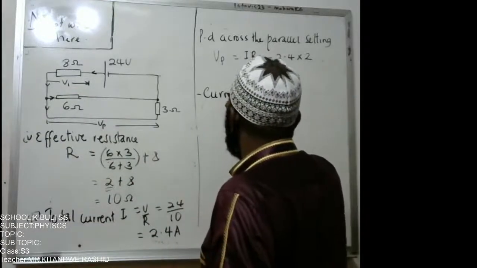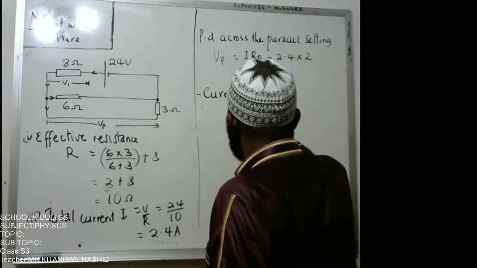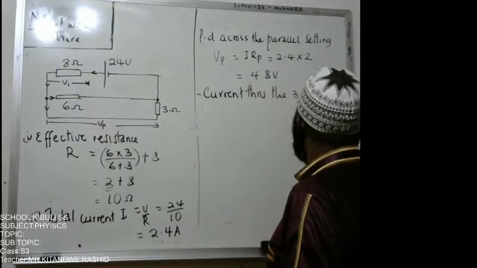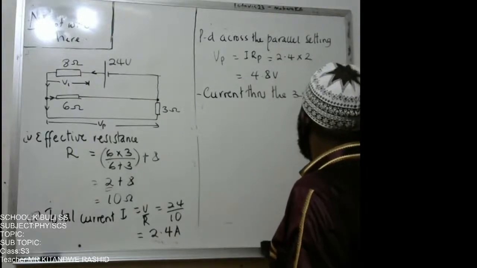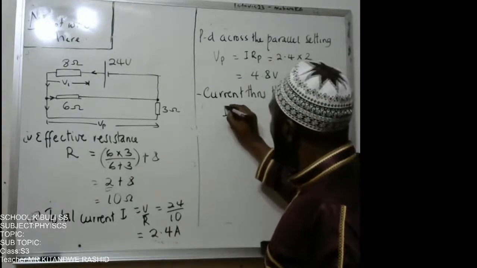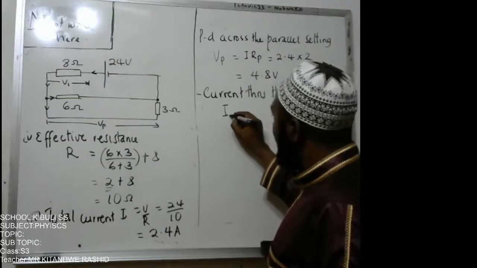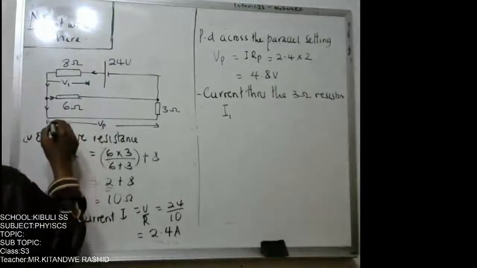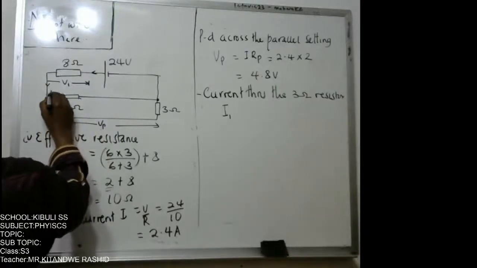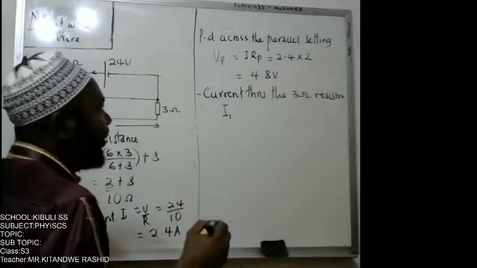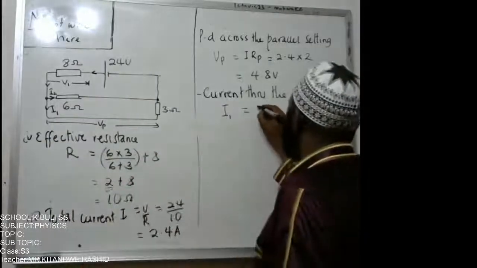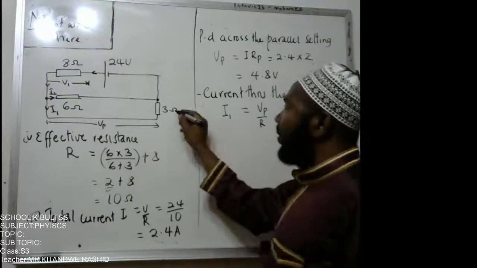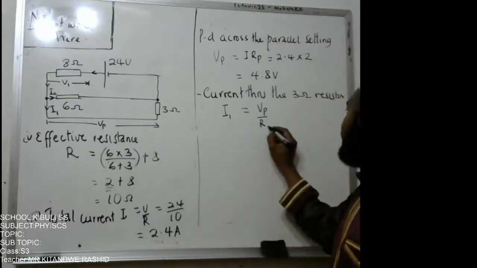Current through the 3 ohm resistor, let me call it I1, I2, subdivided. That is going to be equal to V for the parallel setting divided by the resistance of the 3.